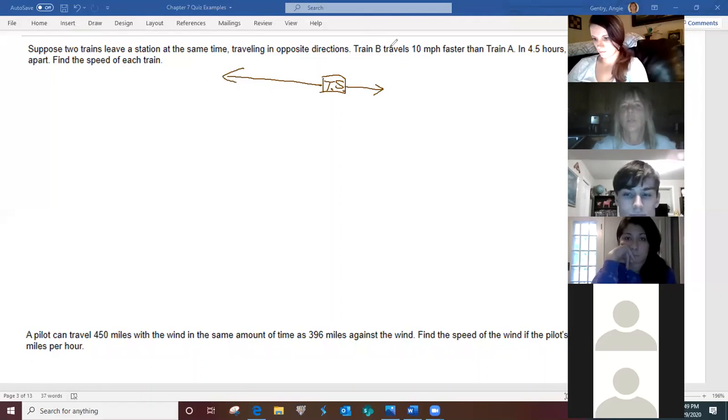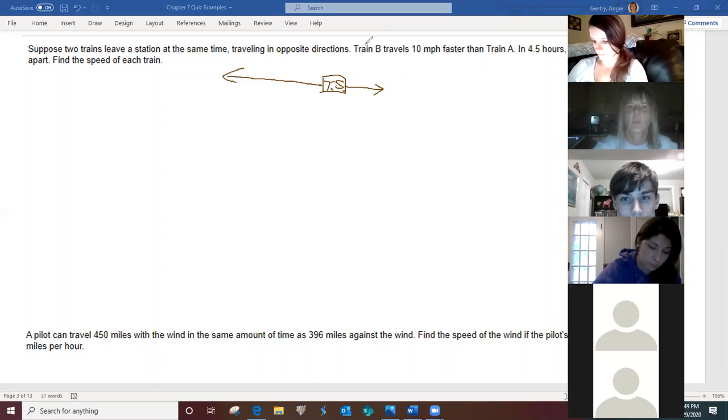So here it says train B travels 10 miles per hour faster than train A. So I'm trying to debate, do I want to play with this here a lot, or do I want to go ahead and make my table? But math is supposed to be about critical thinking and you working things out. So train B travels 10 miles per hour faster.